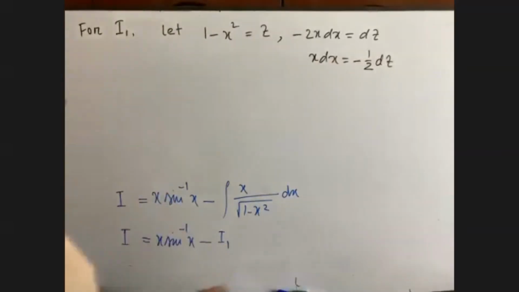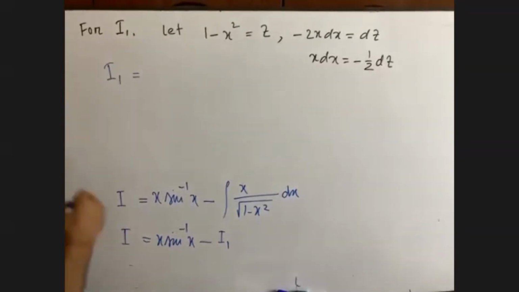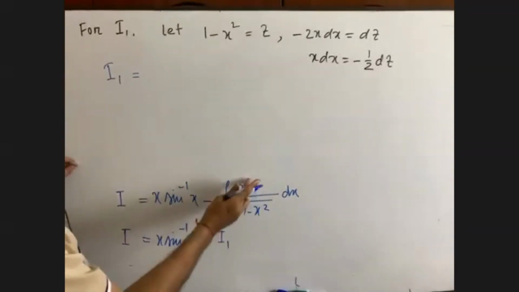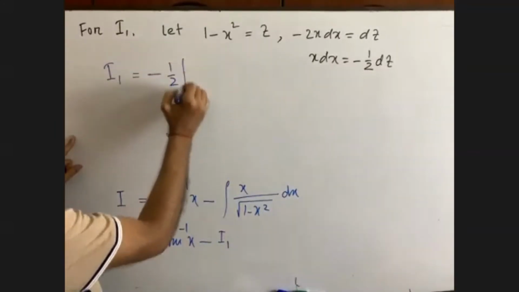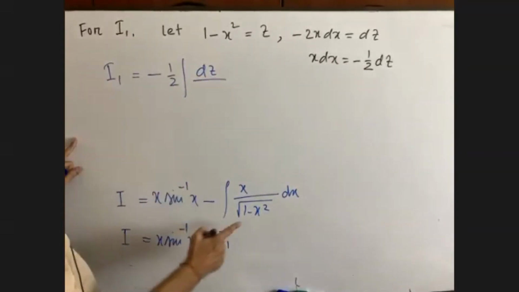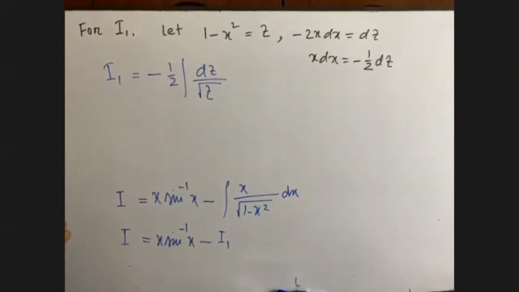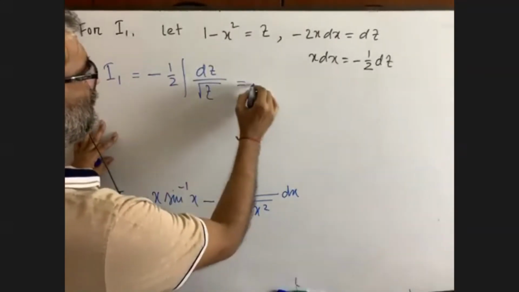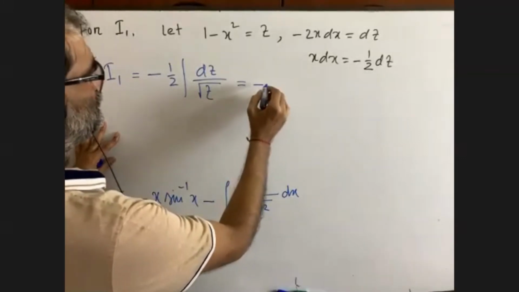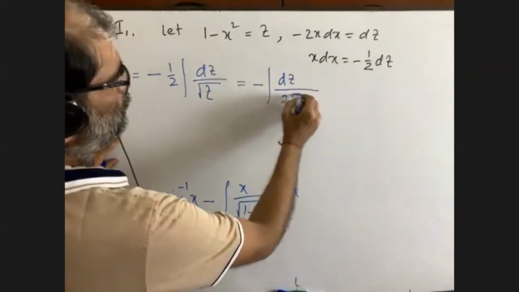That means I1 is equal to, if we put the value of x dx, minus half dz by root over z. Now please let me know, what is root over z? It can be written as minus dz by 1 by 2 root over z.